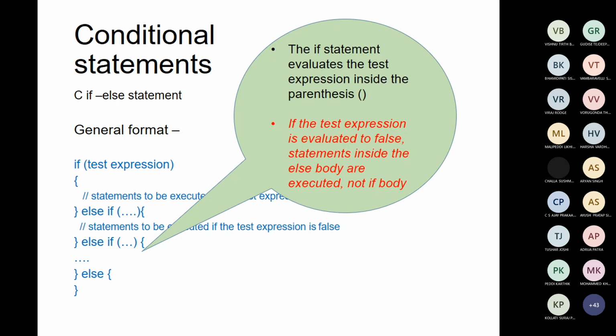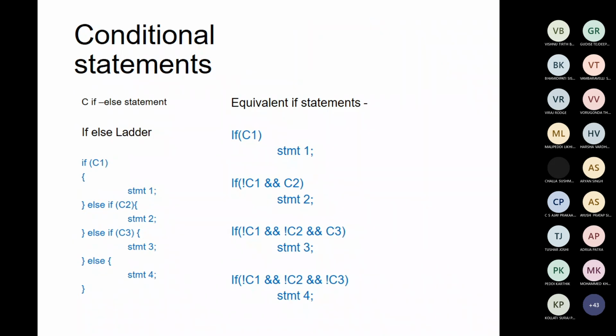There are multiple orders, multiple conditions, and all conditions have a relationship between them because all are using the same 3 variables A, B, C. So now there is a very important issue that you should understand. Imagine there is an if-else ladder where the first condition is C1, and then else if C2, then else if C3, and then statement 4.